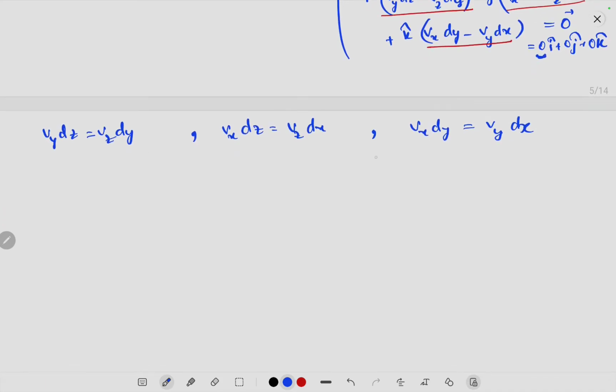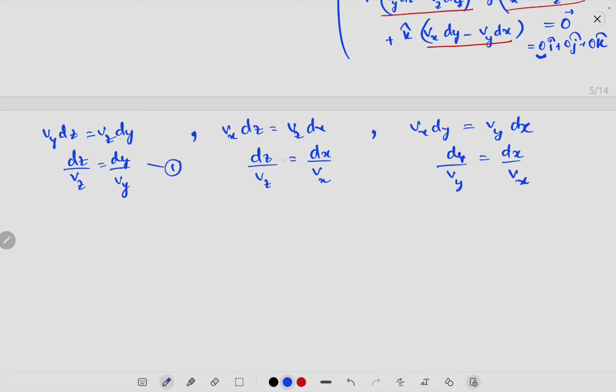Now can I have some further simplification using these three equations? Let's see. This gives me dz upon vz equal to dy upon vy. This gives me dz upon vz equal to dx upon vx, and similarly this gives me dy upon vy equal to dx upon vx.